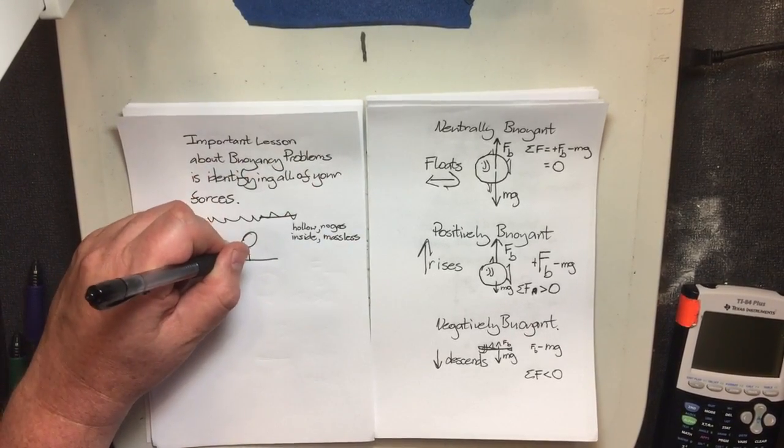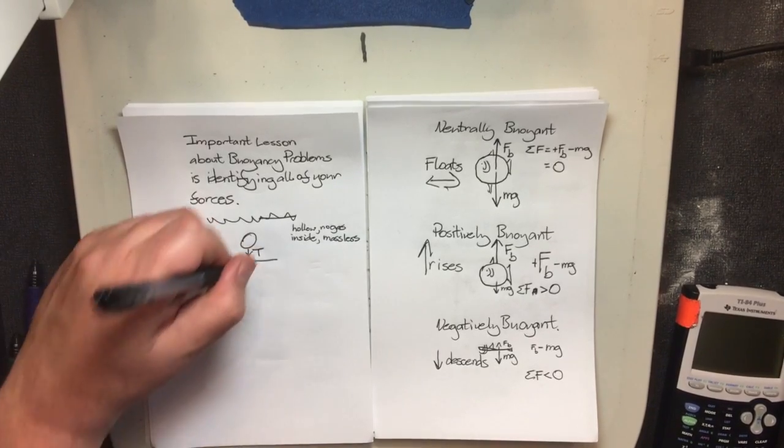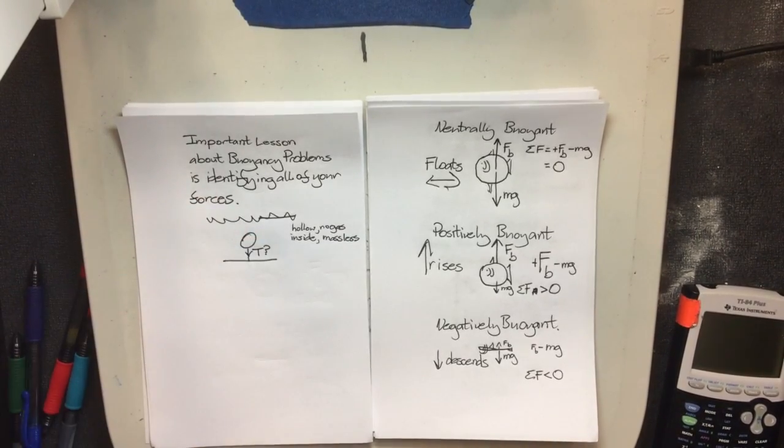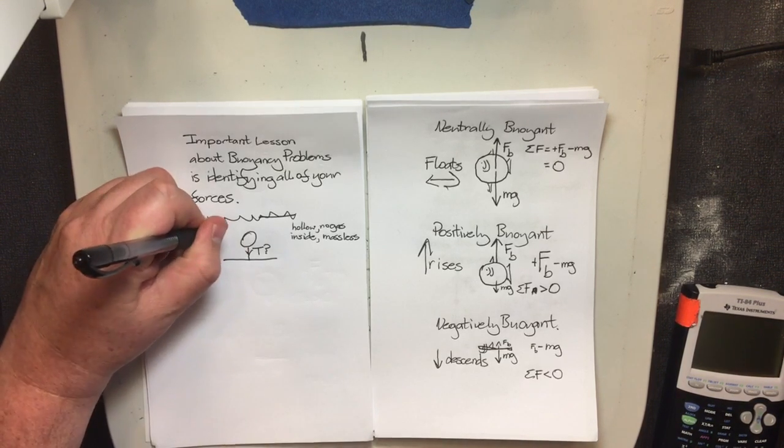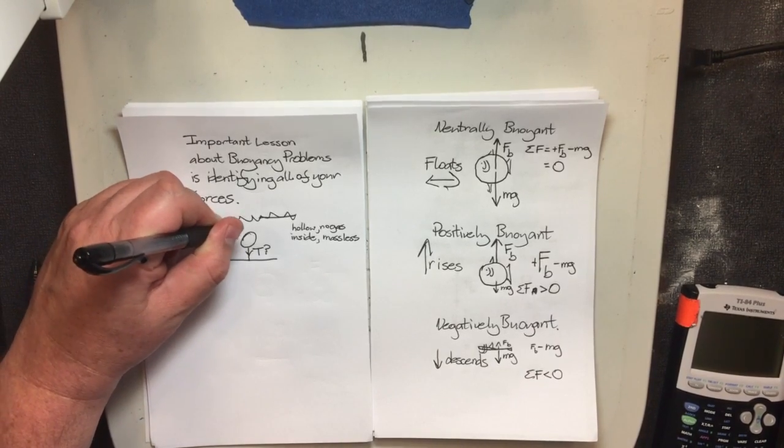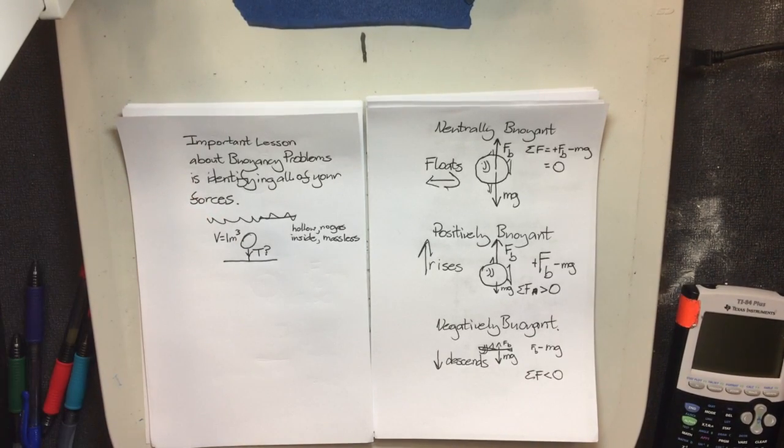And I want to know, what is the tension in the string? The string is holding this sphere, hollow massless sphere underwater. The volume is 1 cubic meter. It's submerged, so I know that the volume of displacement is equal to the total volume.